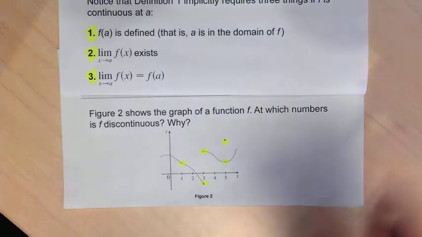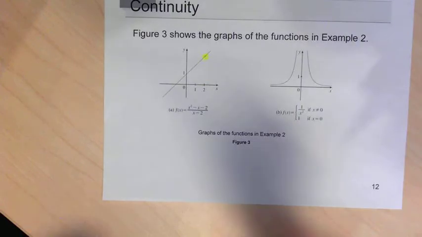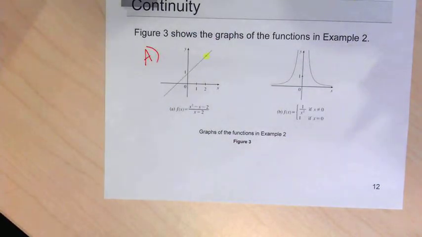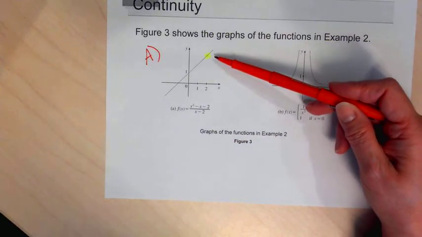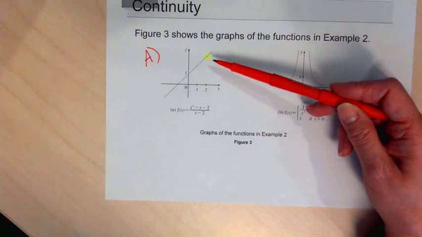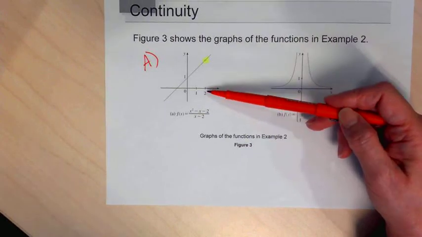Let me show you a few more examples of discontinuous functions. In this first example, example A, this type of discontinuity is called a removable discontinuity. The reason this is removable is because we could remove the discontinuity by redefining f at just that single value 2.